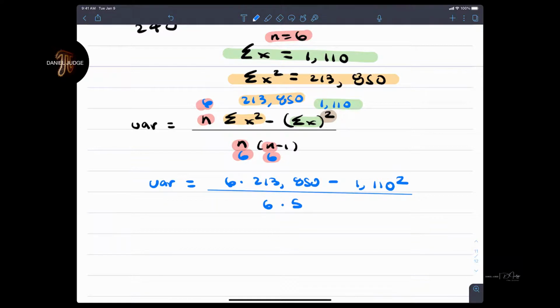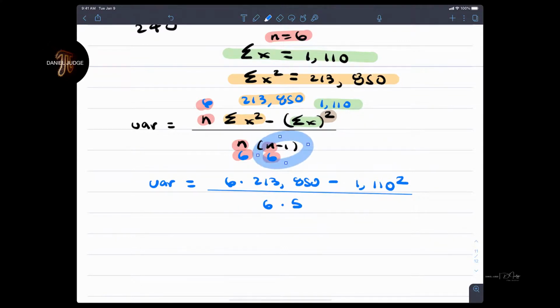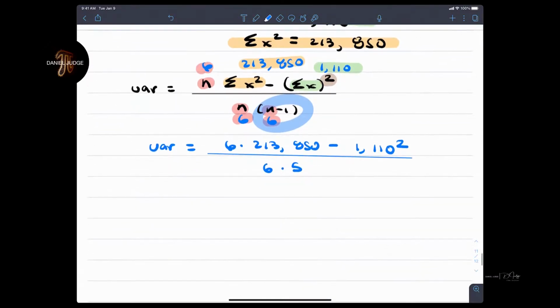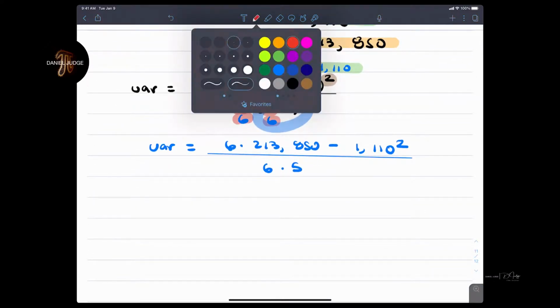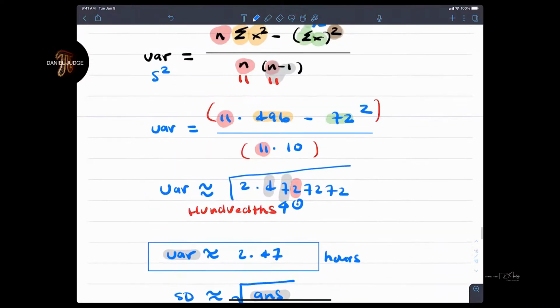This portion right here, I'll do that arithmetic. 6 minus 1 right in here, ladies and gentlemen, is 5. So that's why I got the 5 down there. Okay? So we get to enter this now in our TI calculator. And let's approximate to the same approximation that we did for this calculation, for variance, the other day. You say, well, what do we do? We already did this one.